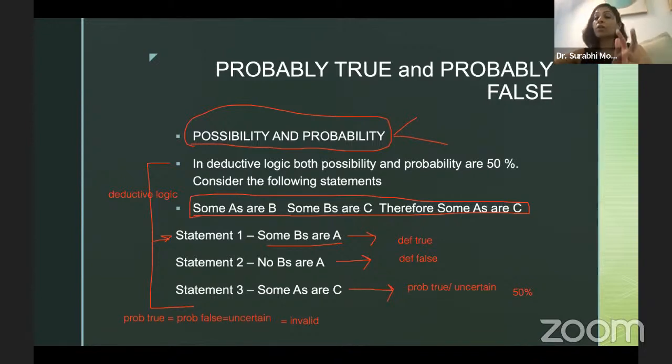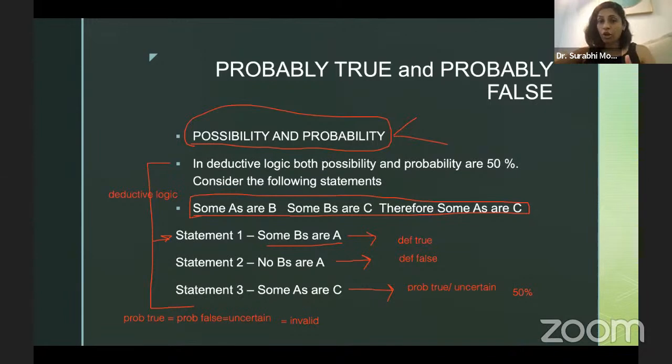So where the possibility and probability both are 50% for something to happen, which is the case in point here, some A's are C's. The probability and possibility both align. Both align means it's 50% chance that A's will be C's and 50% chance that they won't be C's. Then probably true and probably false are meaningless because we cannot decide.